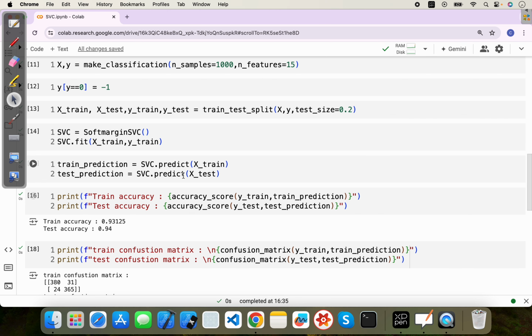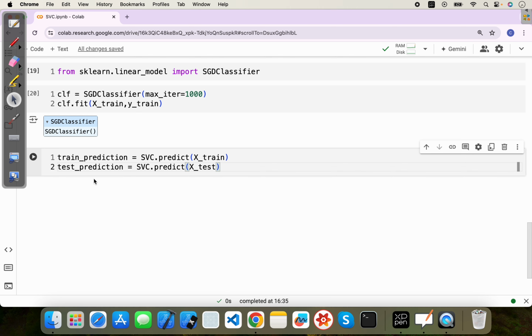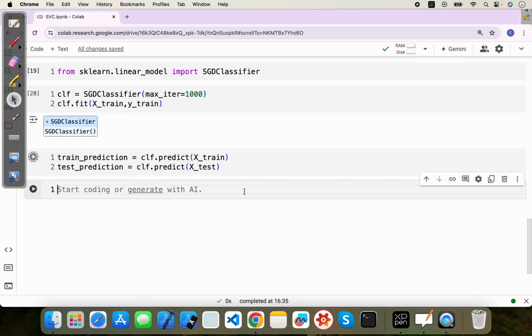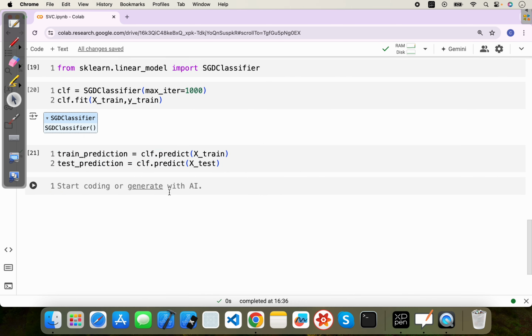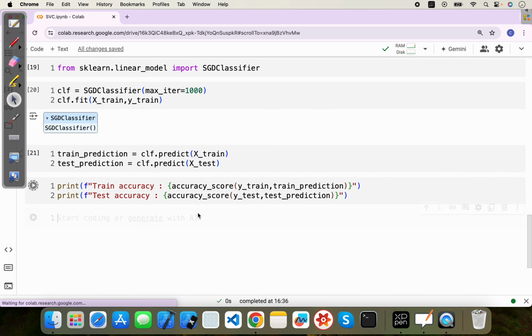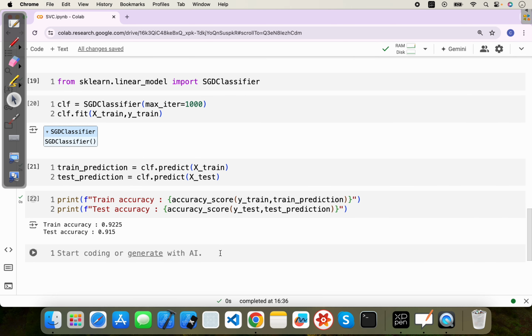Okay, so let's see the accuracy. Let's first predict here. I am just reusing the same variables, and I will just change this to clf. Okay, let's use this. And let's print the confusion matrix as well.